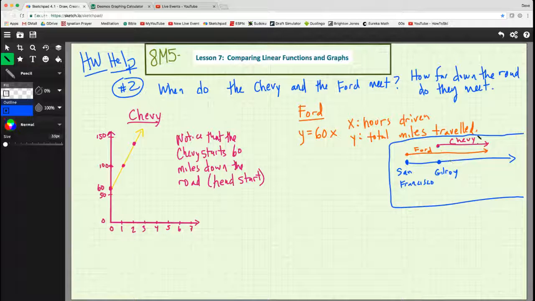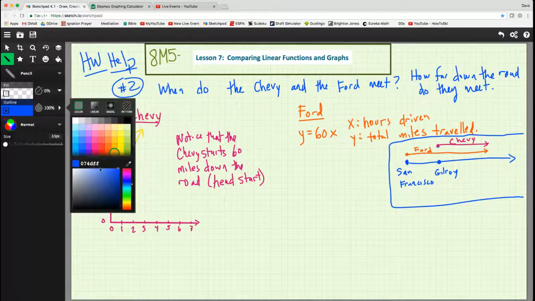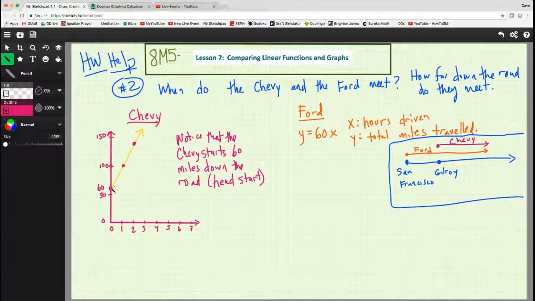So we're going to model that in this graph and say the Chevy starts at 60 miles. And here's a graph that shows you how fast and how far the Chevy is going, in miles. And this is how many hours it's gone. So after 0 hours, it's gone 60 miles because it's starting in Gilroy.